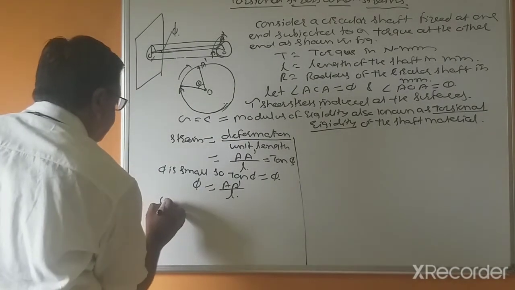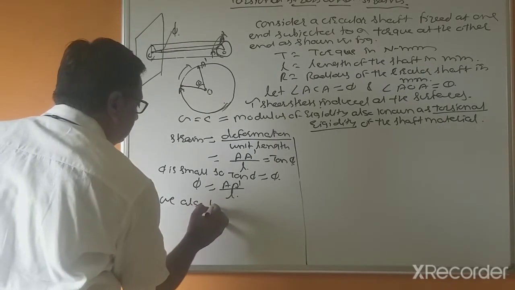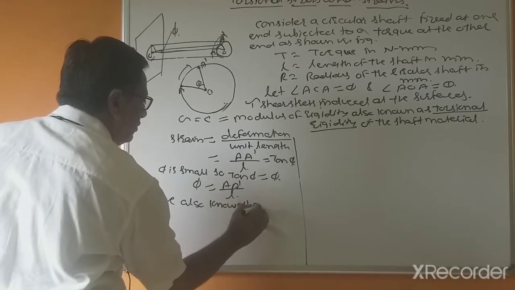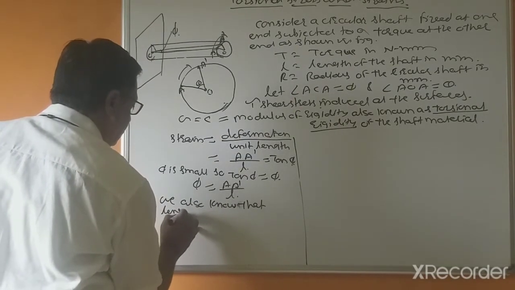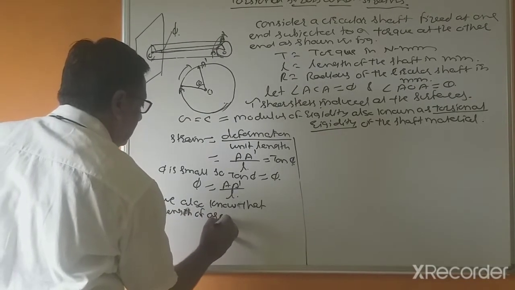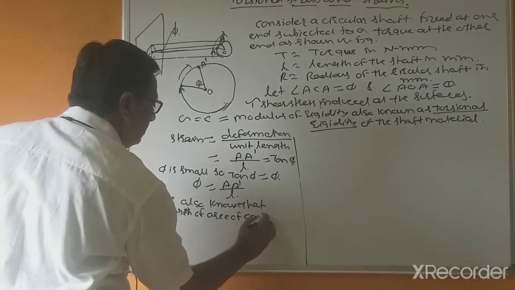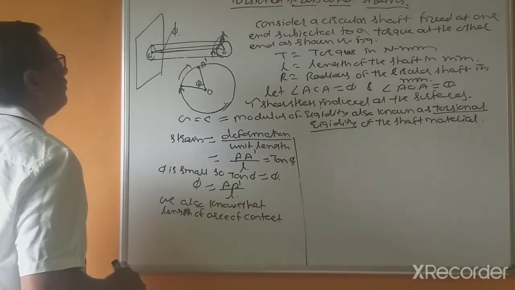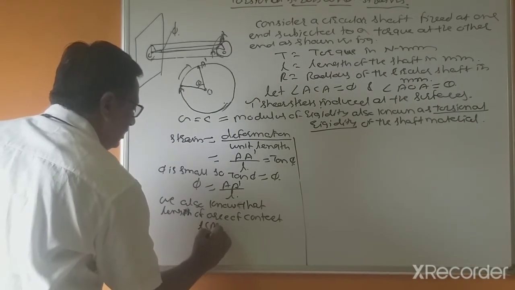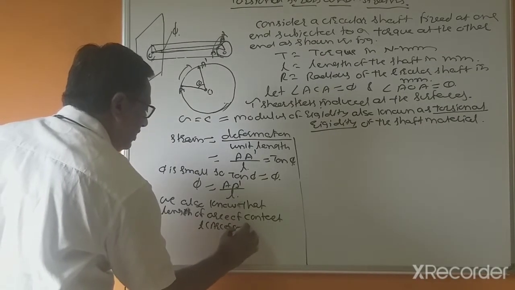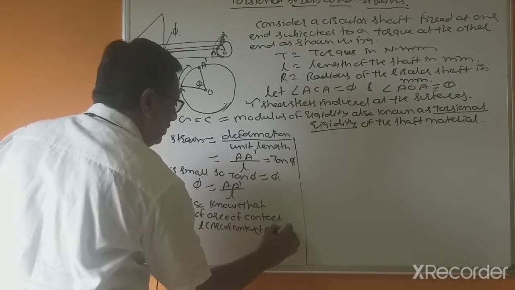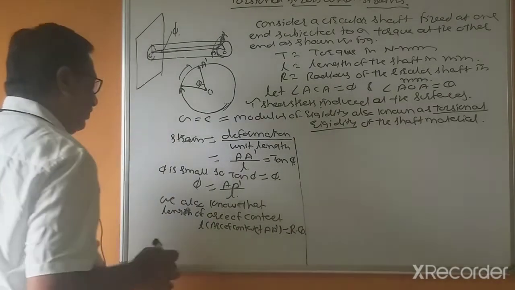We also know that the length of arc of contact A dash equals R into theta.